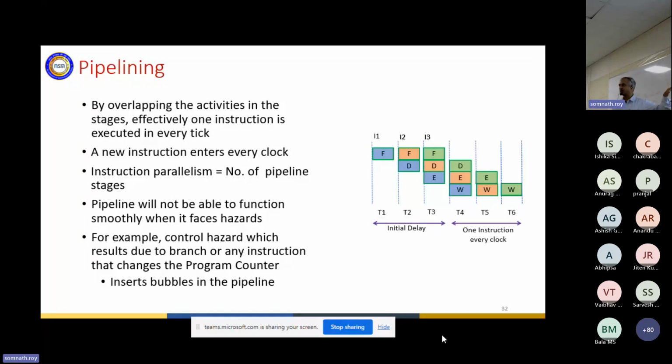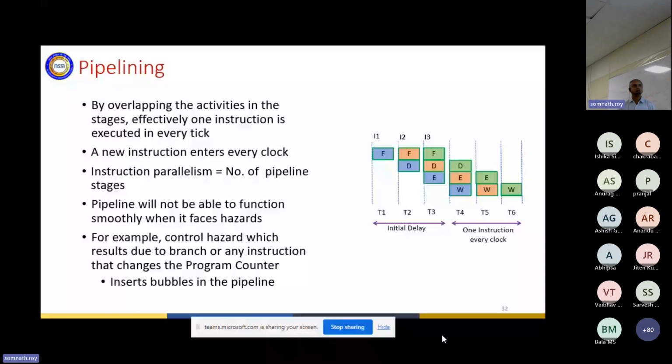Each instruction is still taking 4 cycles, but by overlapping, we are able to make an instruction effectively execute every 1 cycle if you ignore the initial delay. So 4 instructions are in some state of execution, but they are still taking 4 cycles to complete.